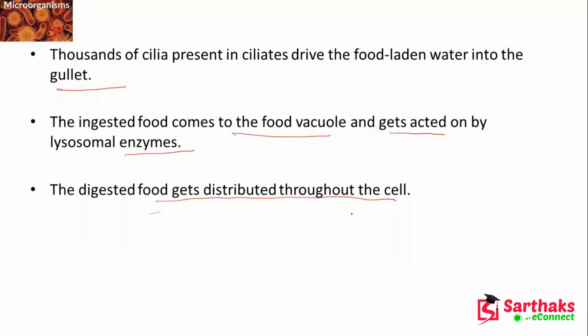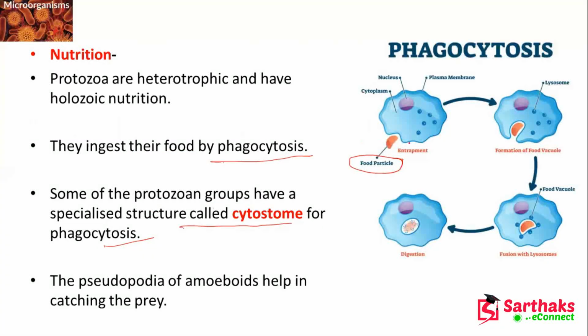So in phagocytosis, with heterotrophic and holozoic nutrition, the main thing is the mouth they use to take the food, that is our cytostome.